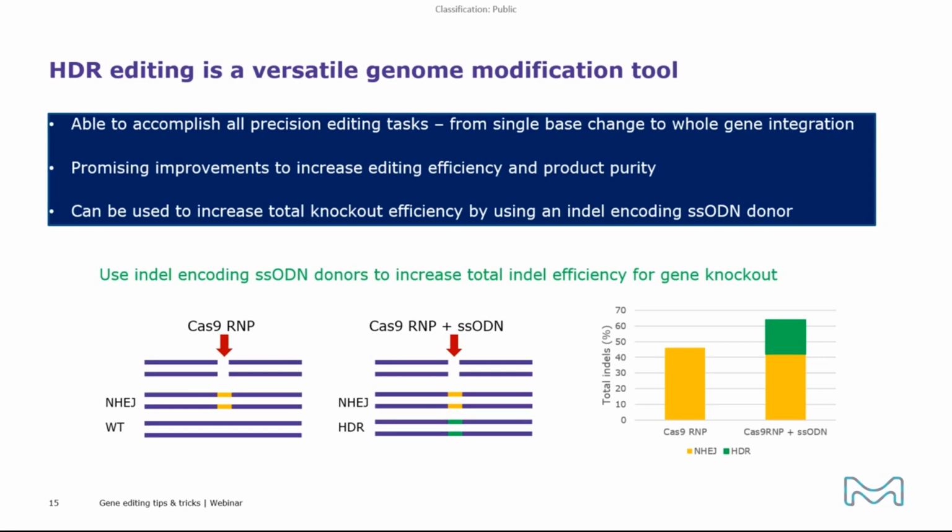And besides precision editing, you can also use HDR editing to enhance your total gene knockout efficiency. And as illustrated here, you can simply add an oligo donor that encodes a small frameshift deletion or insertion into your transfection, and you will capture indels not only from NHEJ events, but also from HDR events.